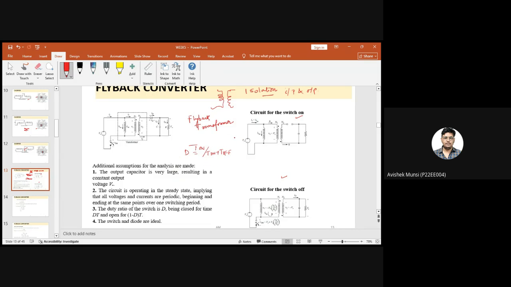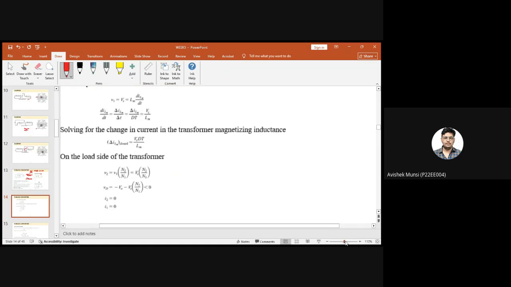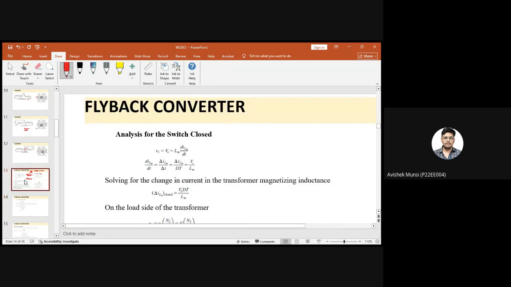So for the flyback converter, if you see the calculations, during the switch closed, we see the equation.